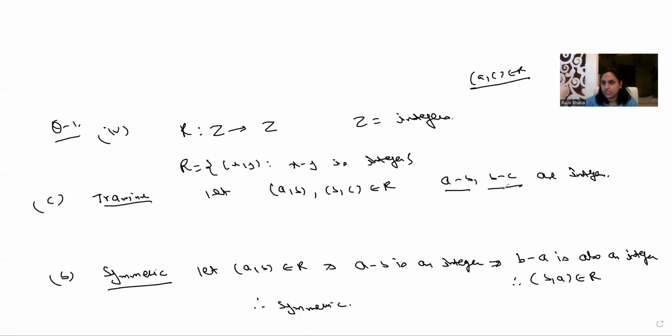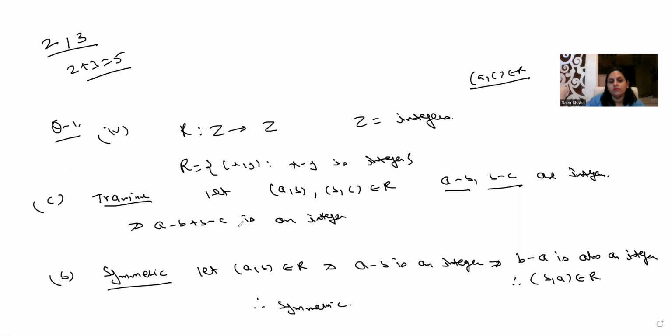If I add A minus B and B minus C, I will get A minus C. If 2 is an integer and 3 is an integer and I add both, 2 plus 3 is 5, which is also an integer. So that is the reason: if A minus B and B minus C are both integers, this implies A minus B plus B minus C is an integer. B cancels with B. This implies A minus C is an integer, and this implies A comma C belongs to R.